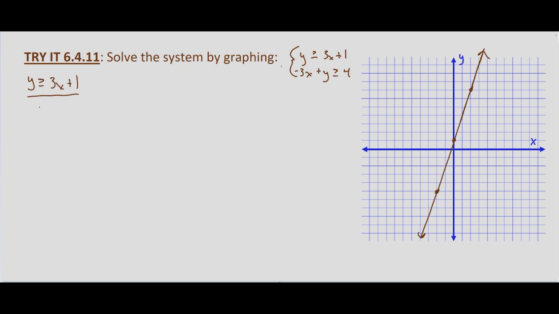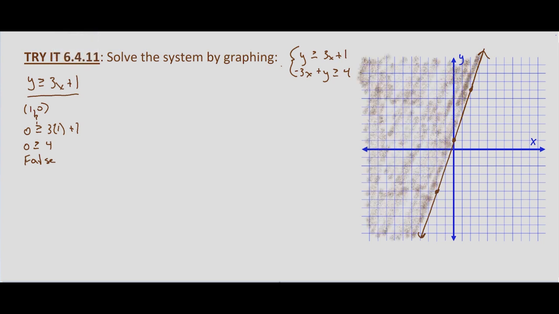So at (1, 0), we want to know, is 0 greater than or equal to 3 times 1 plus 1, so is 0 greater than or equal to 4? That is false. So we're going to graph on the left-hand side of this line. We're going to shade that region.